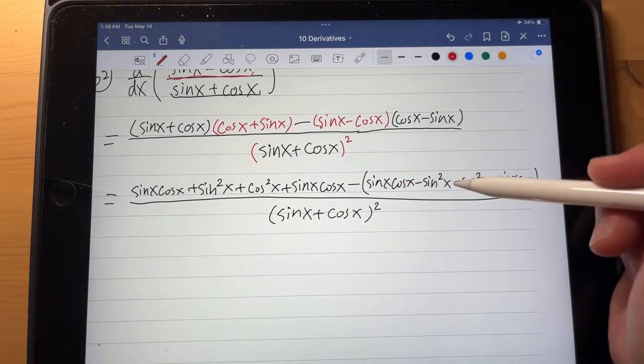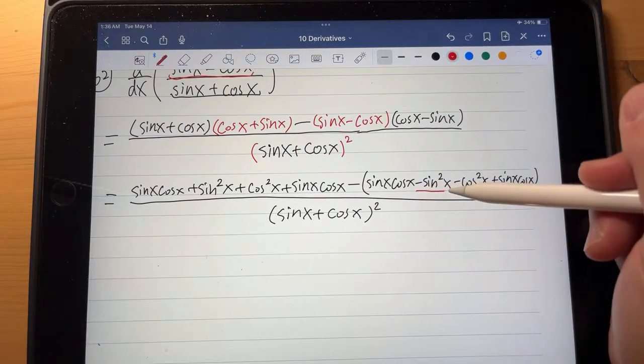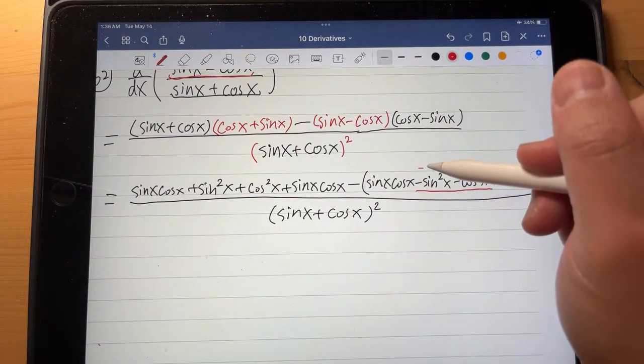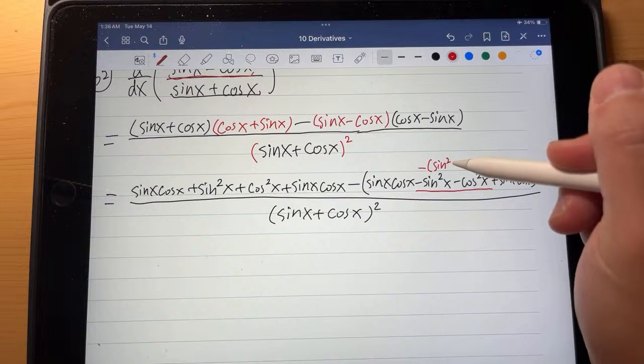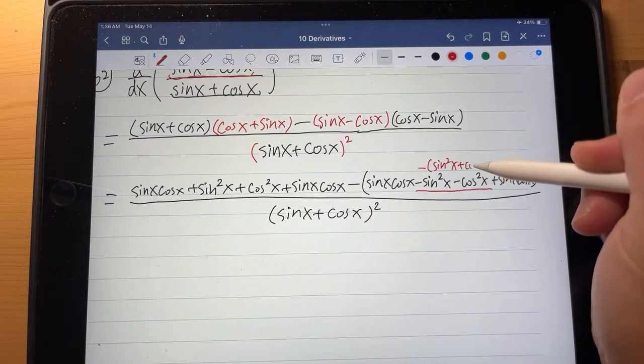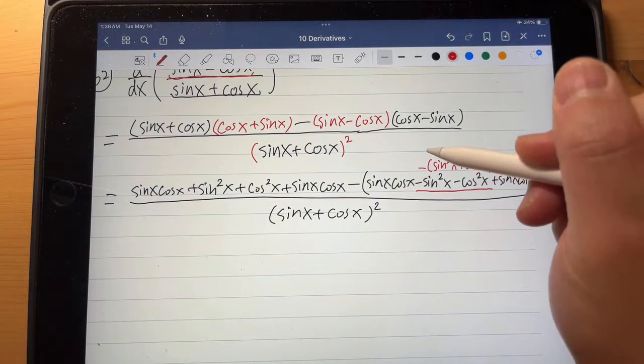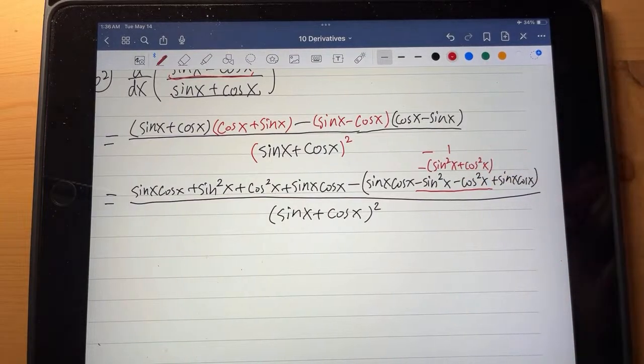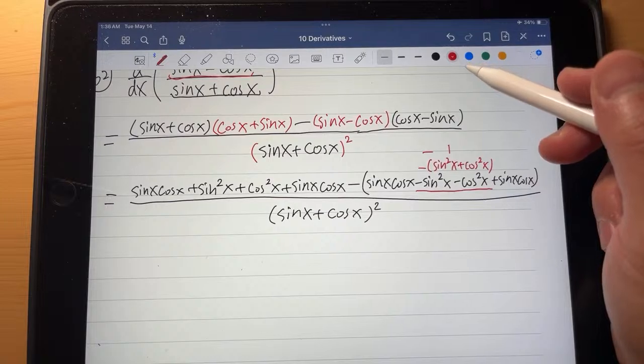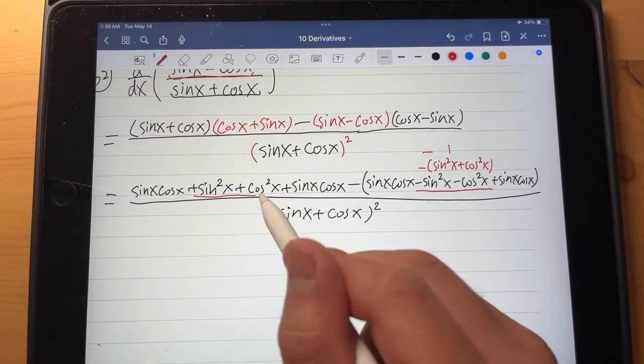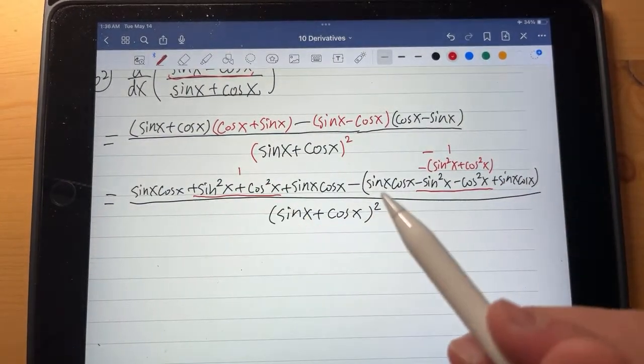So now, have a look right here. Minus this and that, we can write it as minus sine square plus cosine square. So this is just minus 1. Yeah, that's equal to 1. So in fact, here, we also have 1. Yeah?